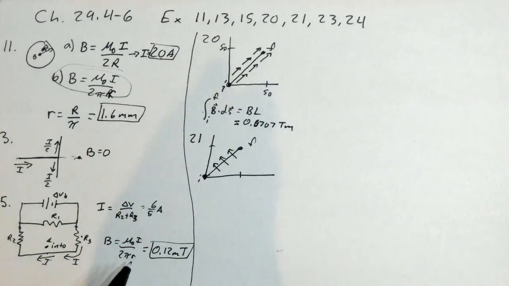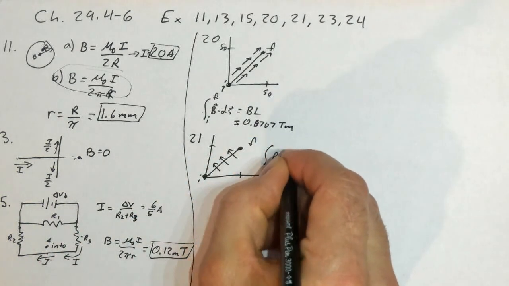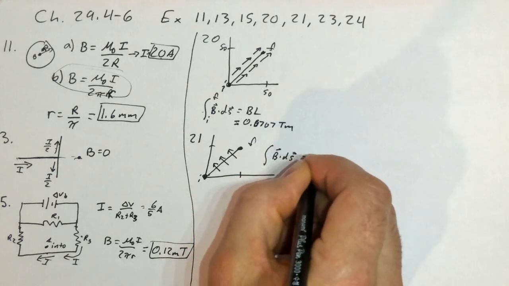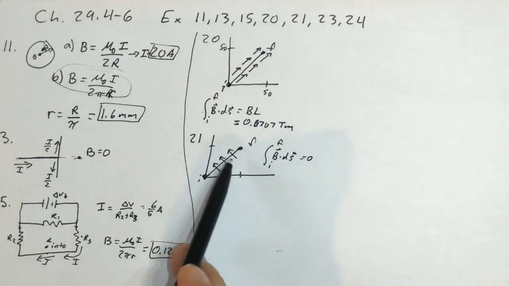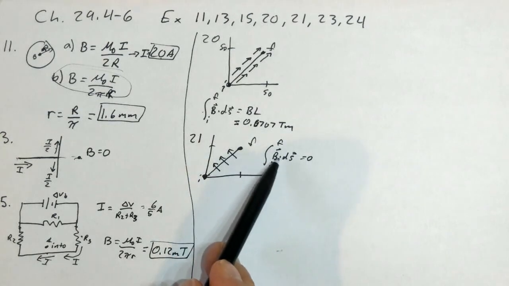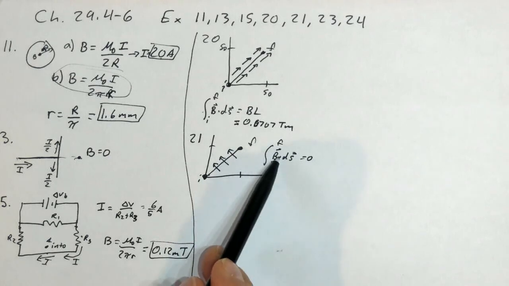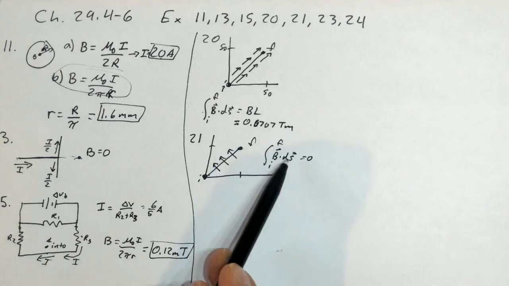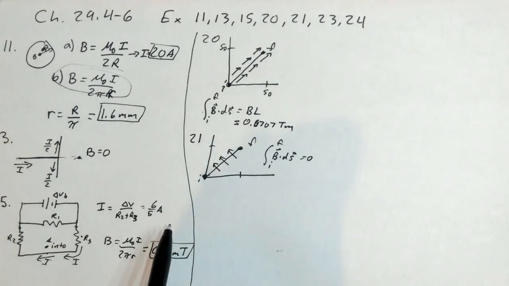So what is the line integral? The line integral is 0. B dot ds is 0 because, not because B is 0, that's definitely not 0, not because ds is 0, it's because they're perpendicular to each other. So the dot product kills it, because that would be cosine of 90 degrees, which is 0. So it's 0 because the path is perpendicular to the B field.